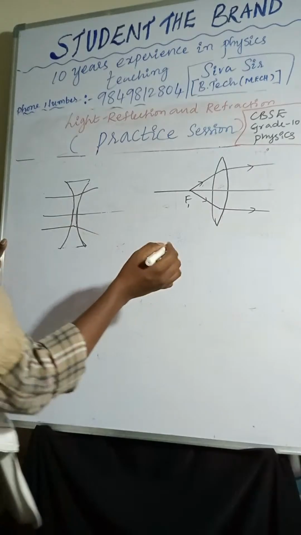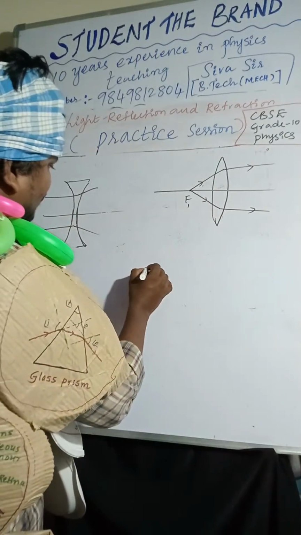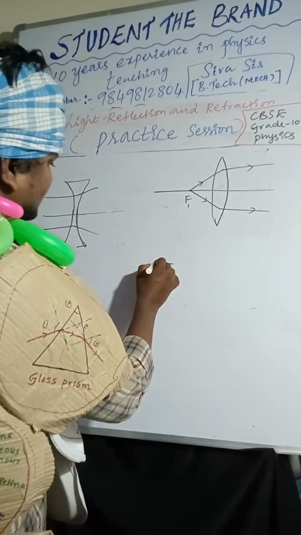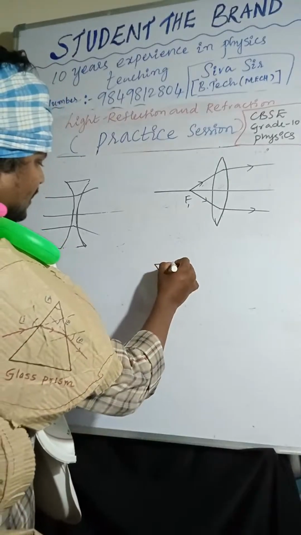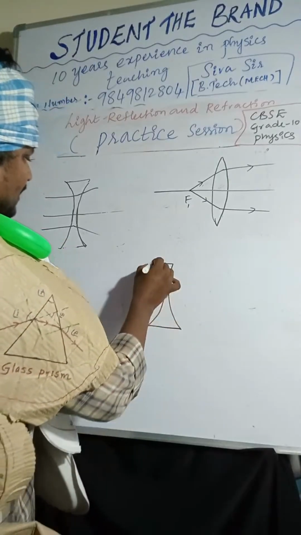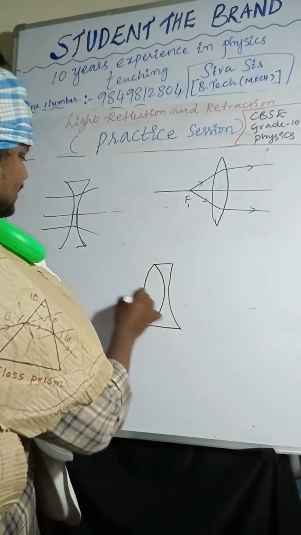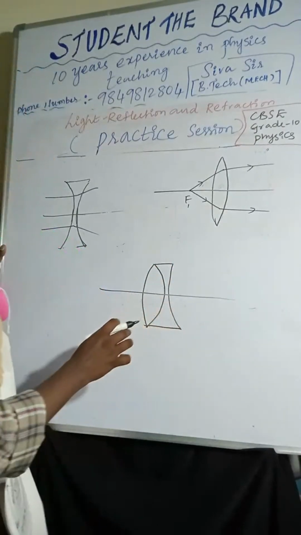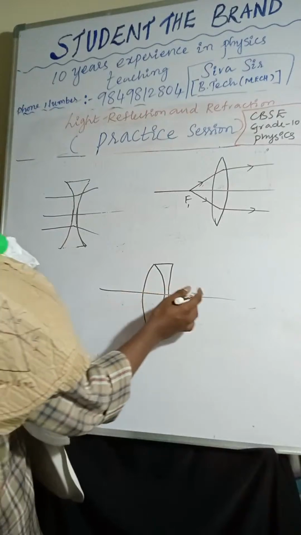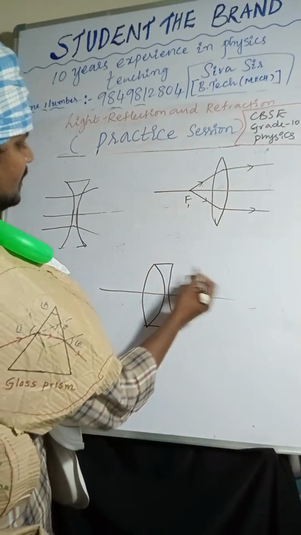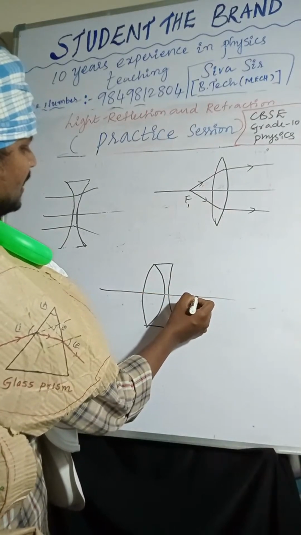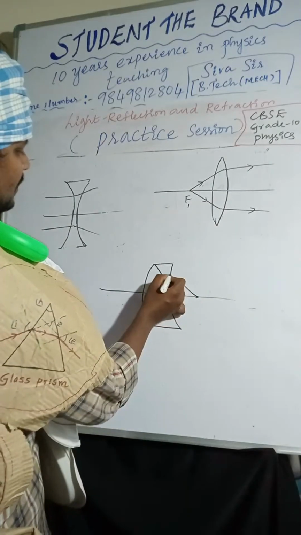So we'll combine these two. I'm taking a concave lens like this, and here also a concave lens, and this side is a convex lens outside. Actually, a convex lens is a converging lens, and a concave lens is a diverging lens. Suppose the light rays are coming from this focus, what happens?